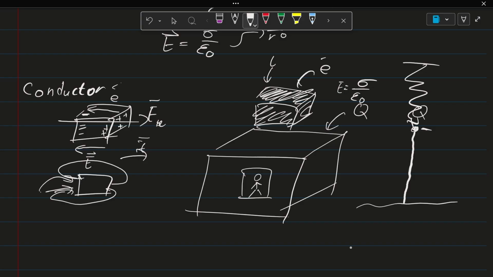And since conductors want their charge on the surface, it will be distributed on the surface. And this will allow it to transfer its charge straight towards the ground as well. But technically the ground itself is not really a conductor or an insulator. It's pretty much a pool of neutral charge. So that's how lightning rods work.